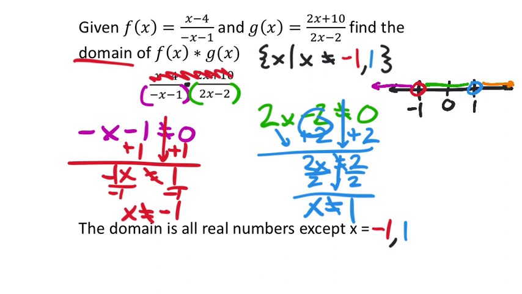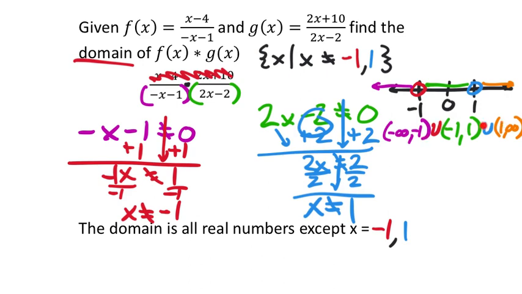So the purple line would go from negative infinity, stopping at negative 1, not included because it's an open circle. Then I would unite that, starting at negative 1 again, still not included, going to 1, that's the green portion of the line, and then unite that, starting at 1, going to infinity. Ran out of space there, but it still works. And that would be the domain in interval notation.